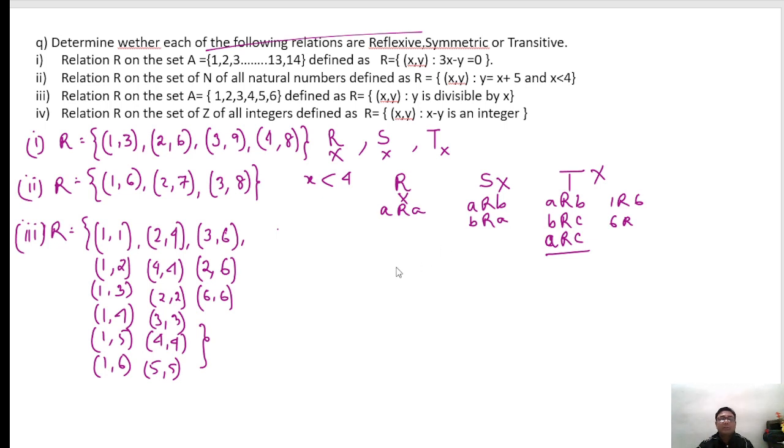Now let us try the reflexivity. In the reflexivity we have to check A R A. So 1, 1 is there, 2, 2 is there, 3, 3 is there, 4, 4 is there, 5, 5 is there, 6, 6 is there.